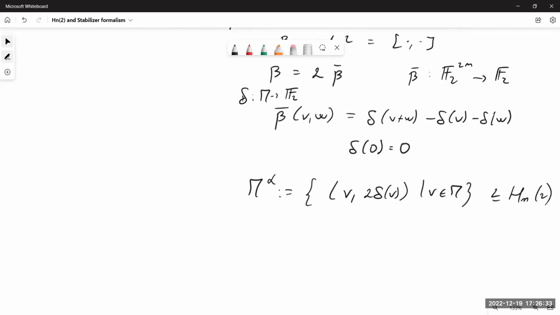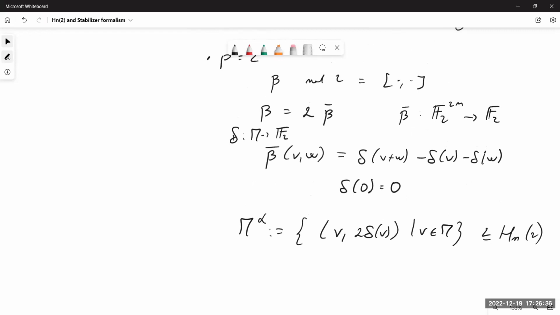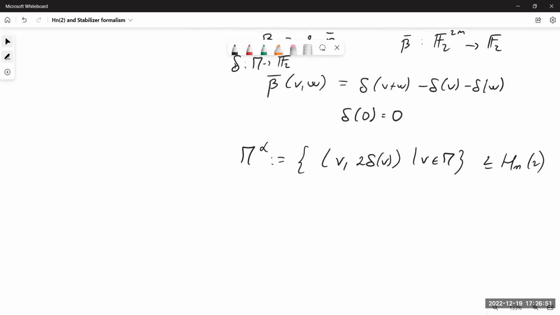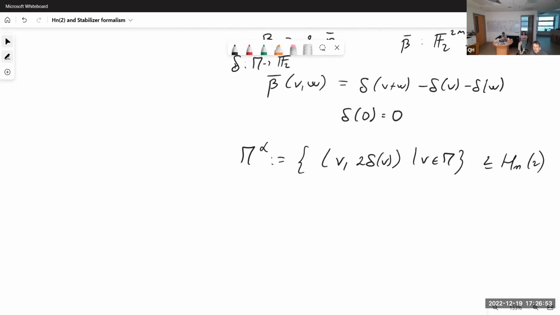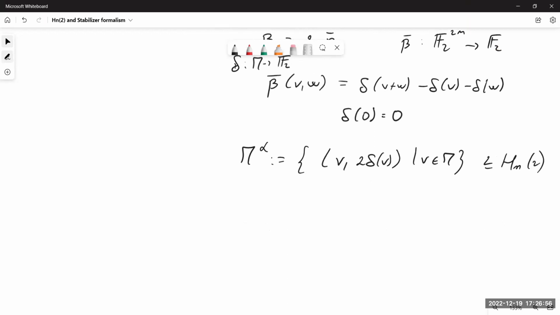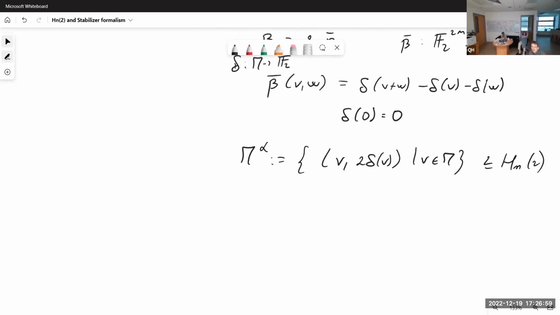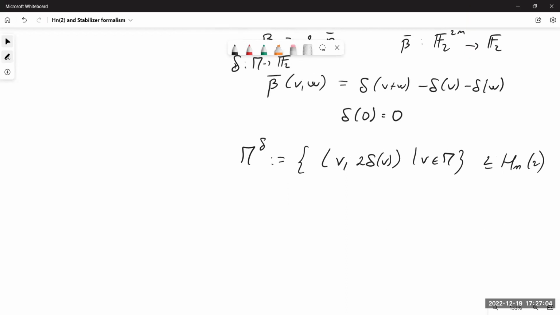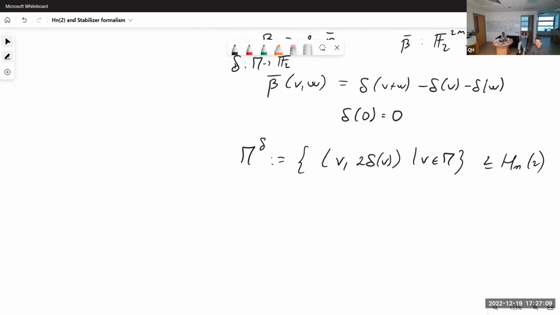Why is that the case? Just take two elements of this form and recall this relation here, and things work nicely. I'm just speeding up now because I want to really define the stabilizer. Why do you label M with alpha? Sorry? Why do you label M with alpha? Because I'm changing notation on runtime. Okay, forget about it. I'm happy.